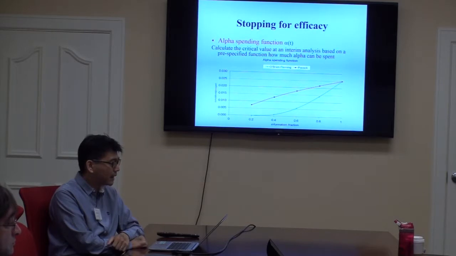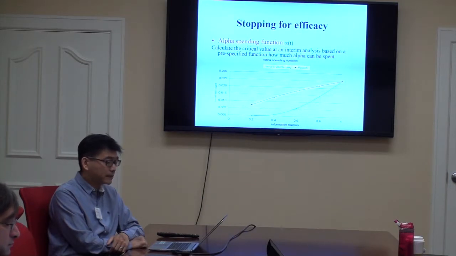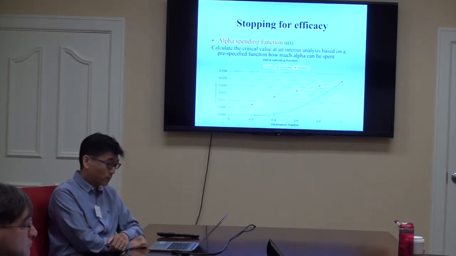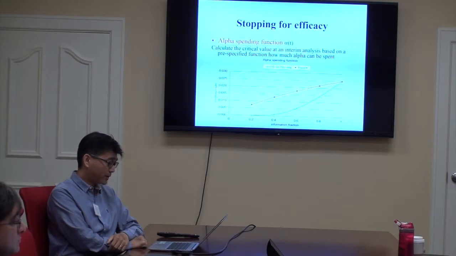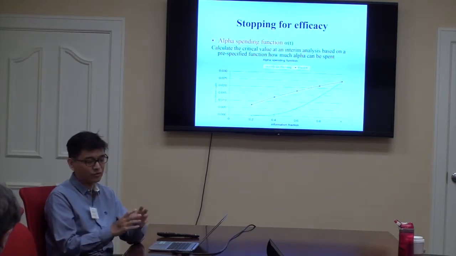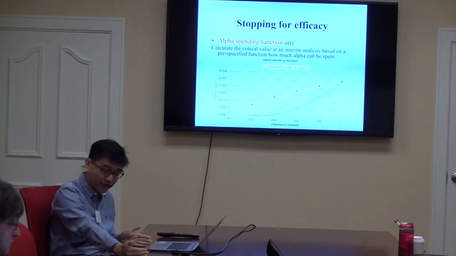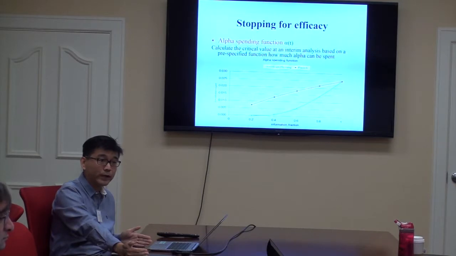So the idea is to specify the amount of alpha you want to spend at each interim time point, expressed in terms of information fraction. Information fraction is just a measure of how much information you have at that time point relative to what you would have at the end of the study. Usually it is a ratio of the sample size.